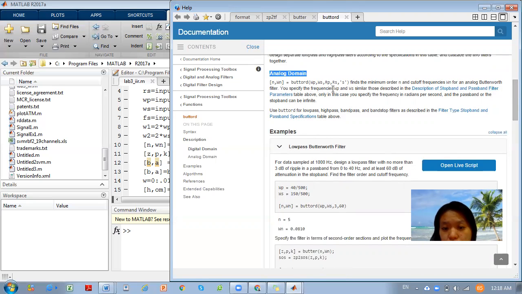You specify the frequencies WP and WS, described in the pass band and the stop band, and the filter parameters. The frequency is in radians per second, and the pass band or the stop band can be infinity.